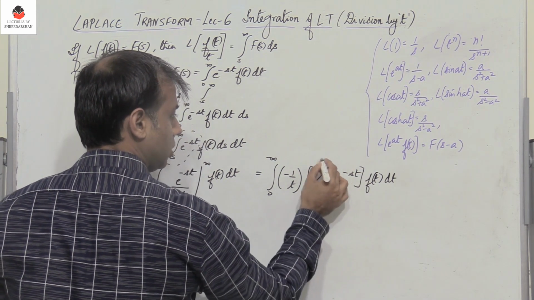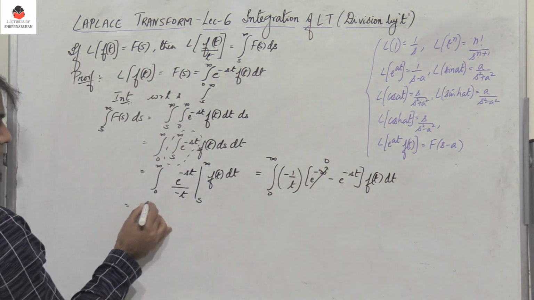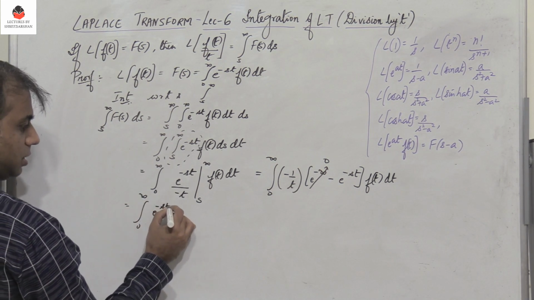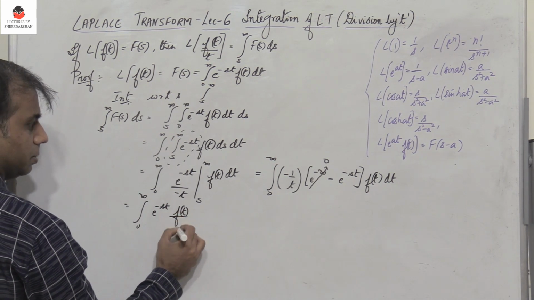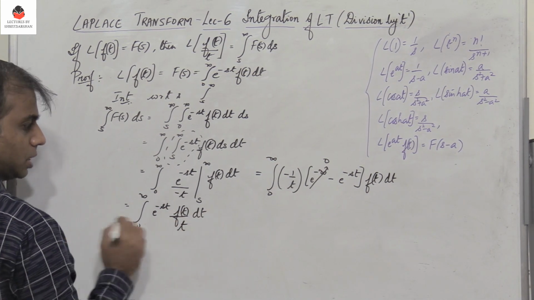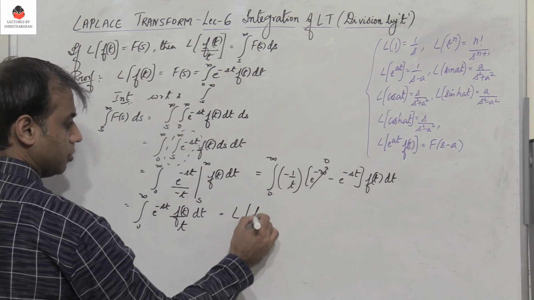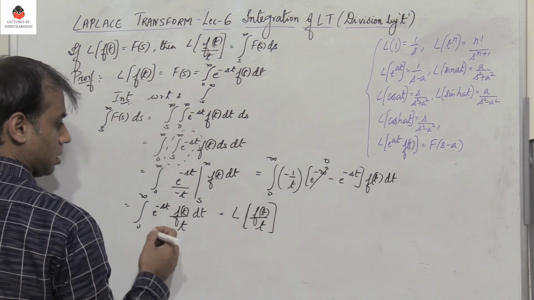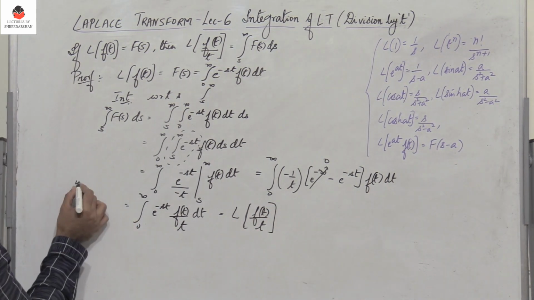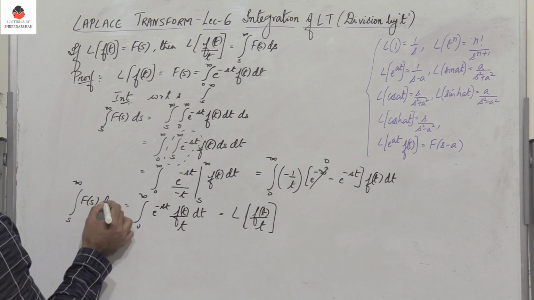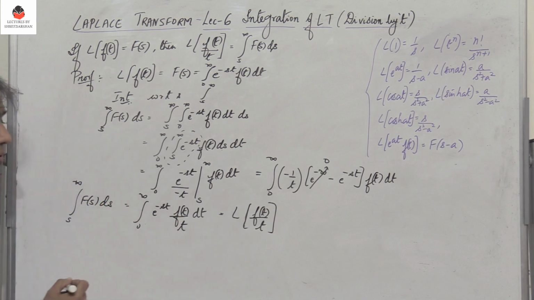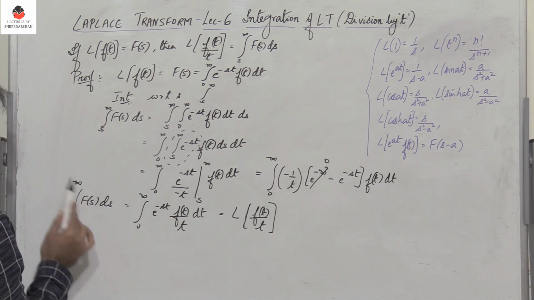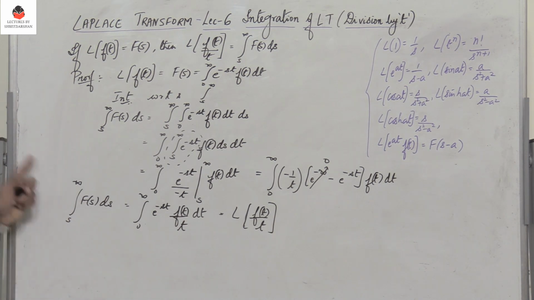So this of course is 0, minus into minus is plus, so you get 0 to infinity e power minus st f of t by t dt. So this is nothing but Laplace transform of f of t by t. And here the LHS is nothing but s to infinity f of s ds. So therefore the Laplace transform of f of t by t is nothing but integrating f of s with respect to s within the limits s to infinity.